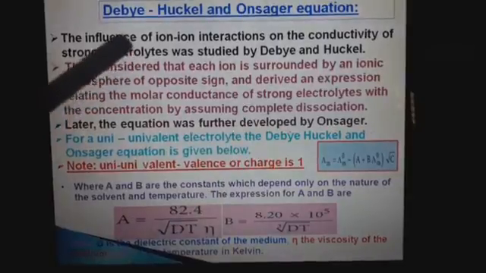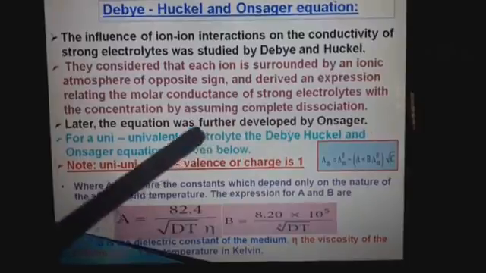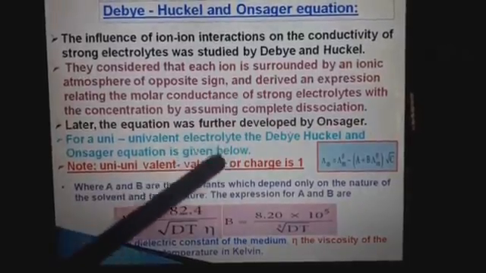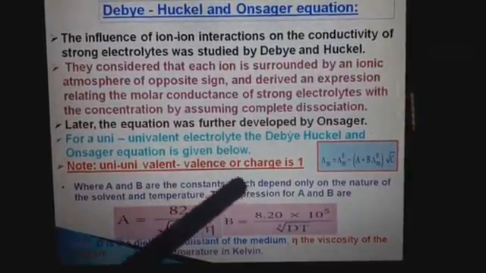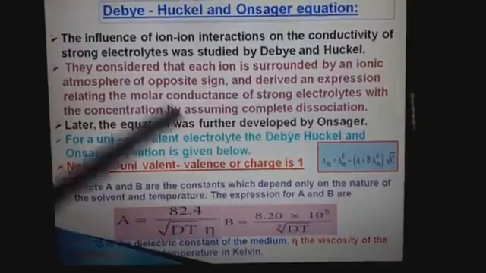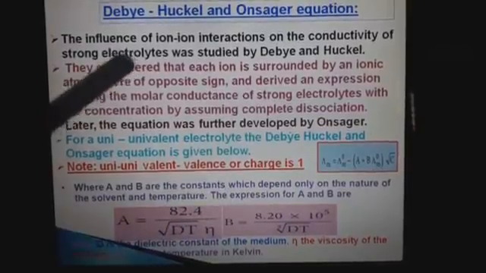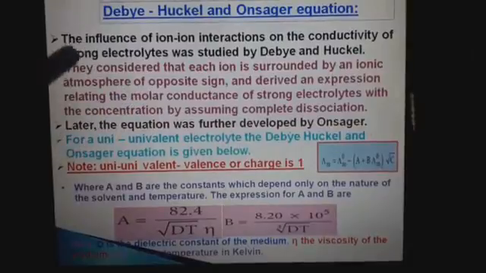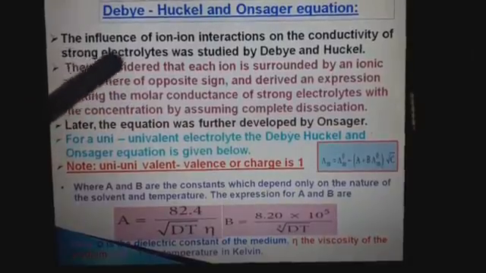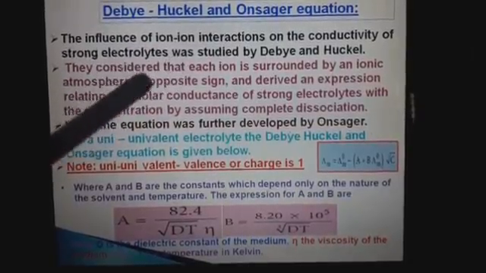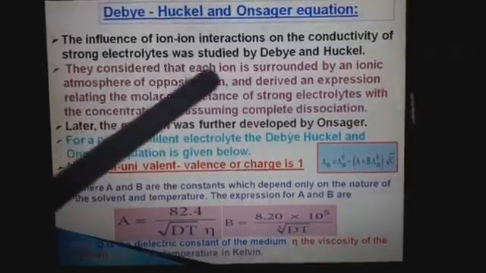Next, the Debye-Huckel-Onsager equation. This is a very, very important 5-mark question in this lesson, and also very important for the public exam. The influence of ion-ion interaction on the conductivity of strong electrolytes was studied by Debye-Huckel.